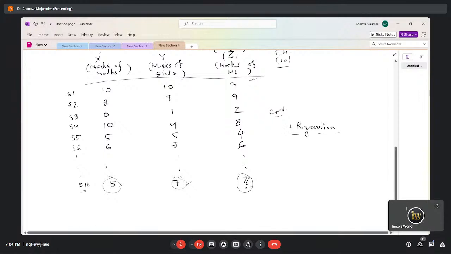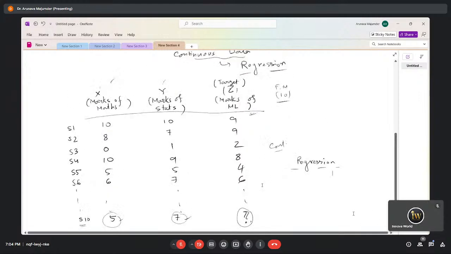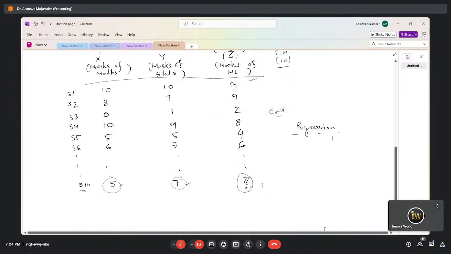This is how we estimate the target variable based on the other independent variables. Based on the values of the independent variables, we have to estimate what the value of the target variable should be.